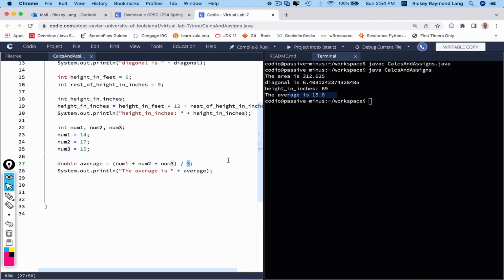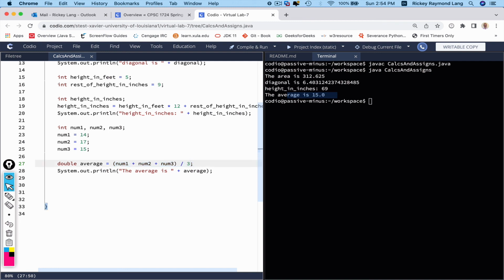So the runtime system is going to look at all this and say, these are all integers. You must want an integer result here. So it's going to perform integer arithmetic, which in division will throw away the remainder.